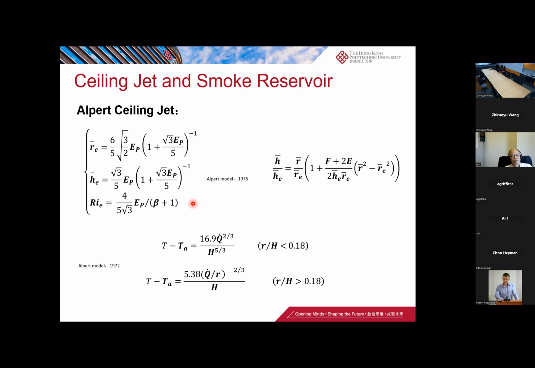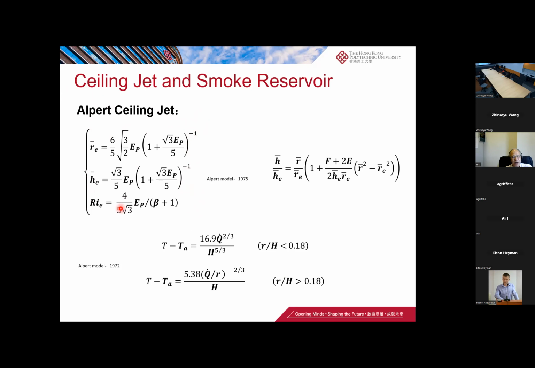They have a section particularly defined as a turning section. So when smoke gets out of the turning section, it forms a ceiling jet, and this is a boundary condition from the Alpert model.